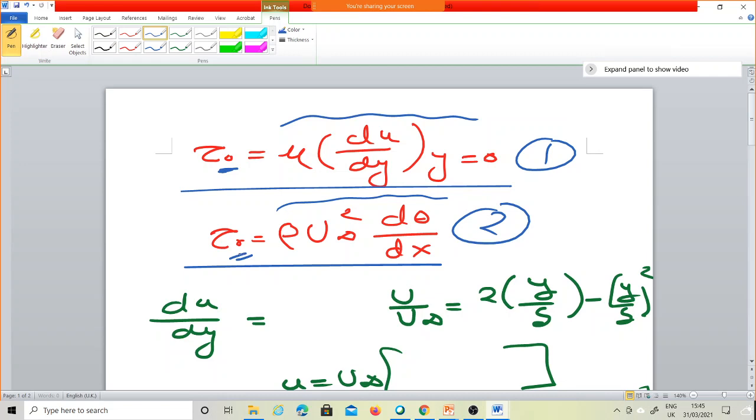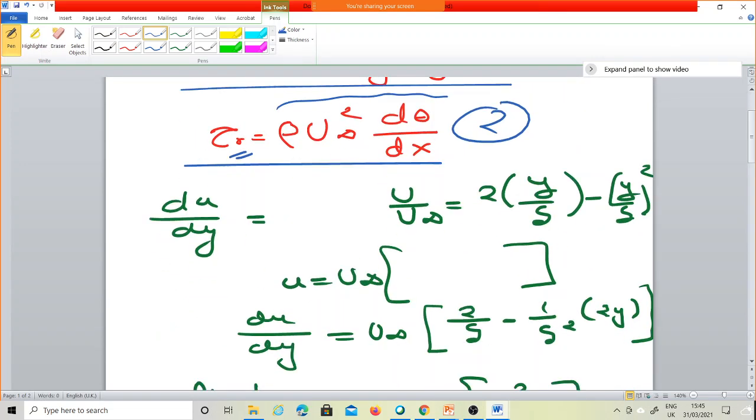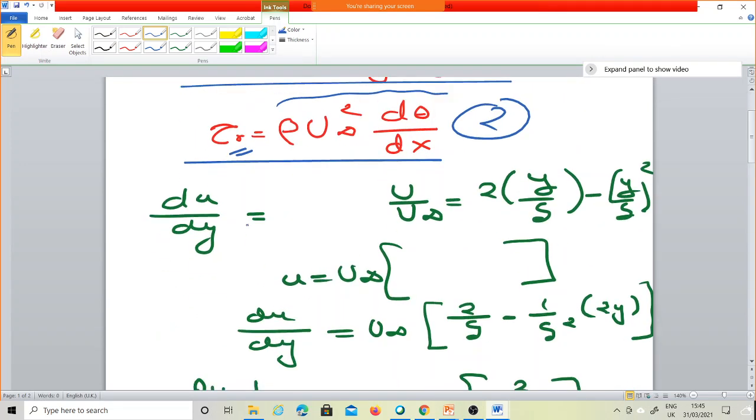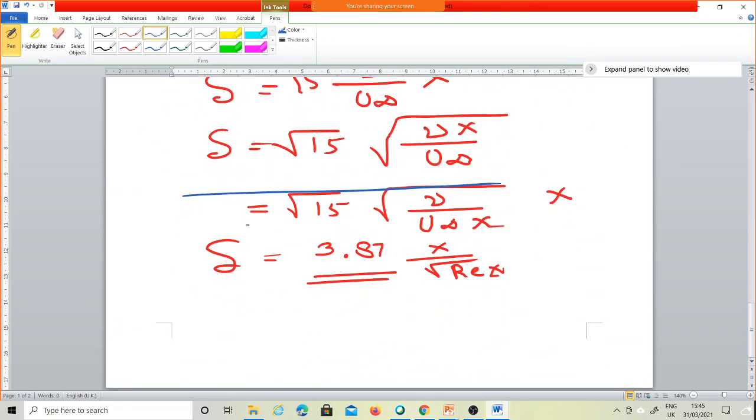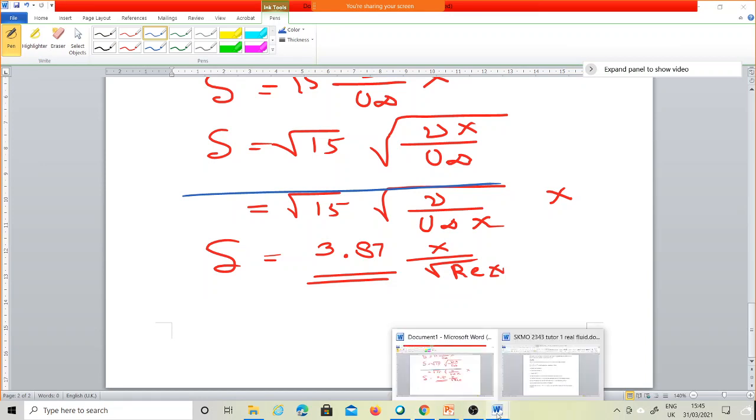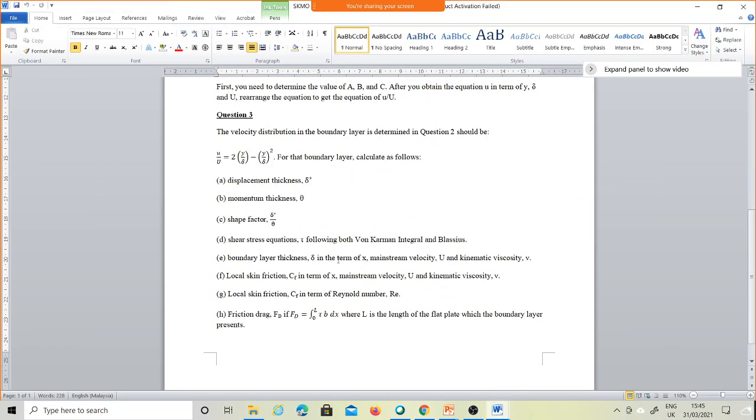You can say it is a boundary condition, but it is actually the definition of the wall stress. Is it okay? Yes, so that's how you get this value. But as I said, normally we can extend this one up to here.